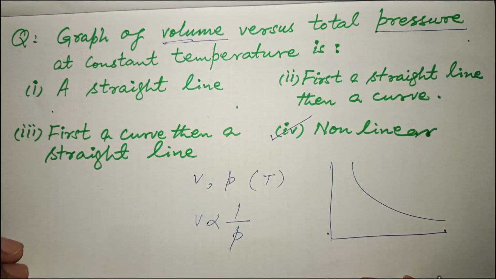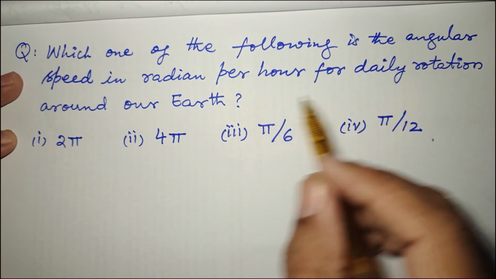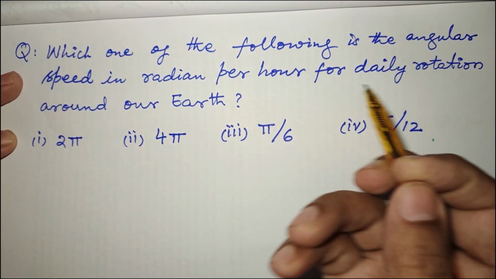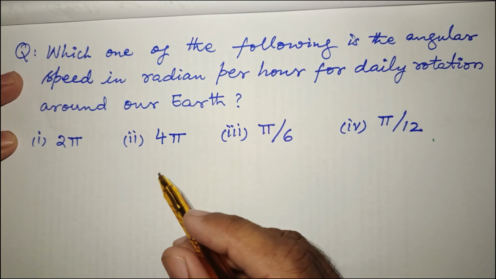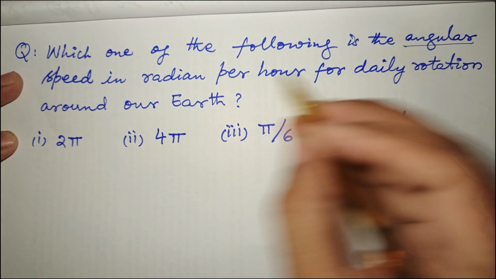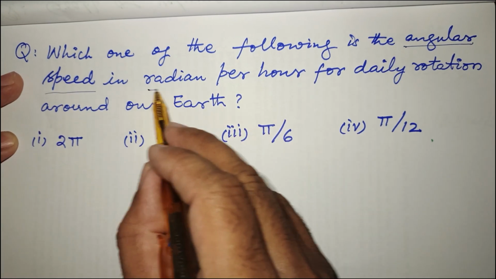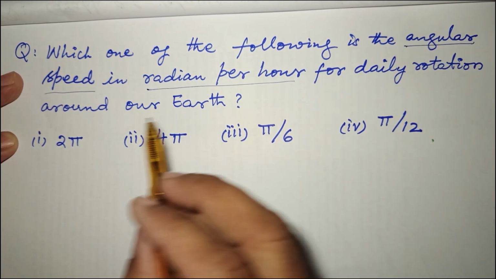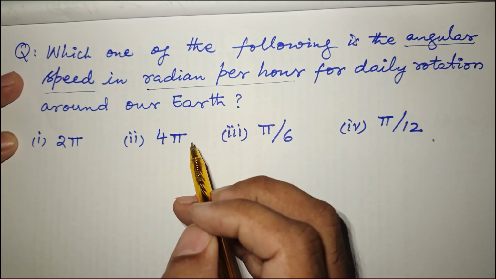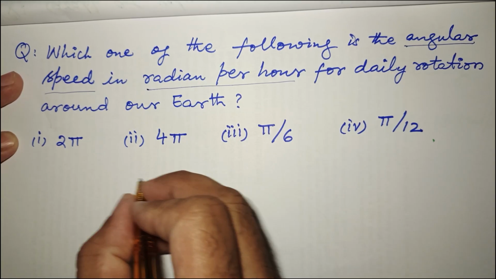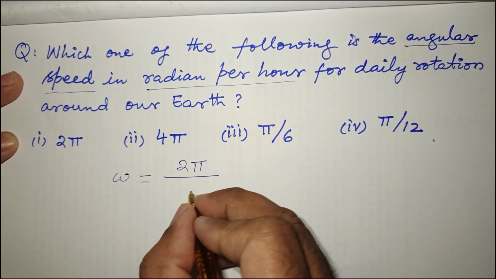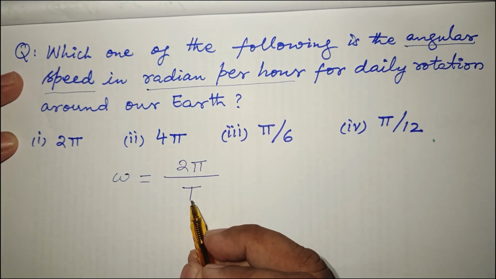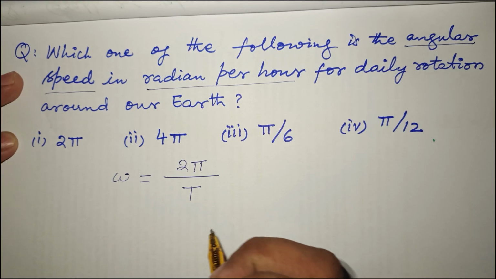Now move to the next one. Which one of the following is the angular speed in radian per hour for daily rotation of our earth? So what we have to find? We have to find out the angular speed in radian per hour for daily rotation of our earth. So the angular speed is given by omega equals 2 pi over T, where T is the time period, the time required to complete one cycle.